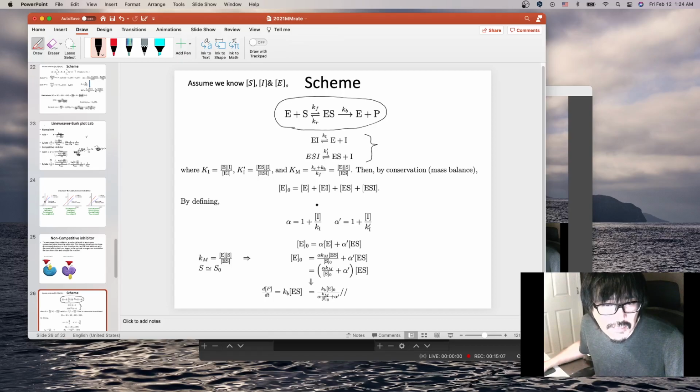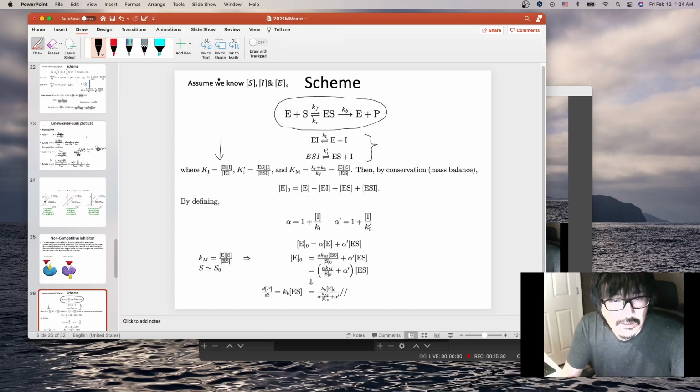So let's think about this one. Alpha times E, where alpha is 1 plus this term, right? So 1 times E corresponds to that value right here, and then I divided by K1 multiplied by E. That comes from this one right here.